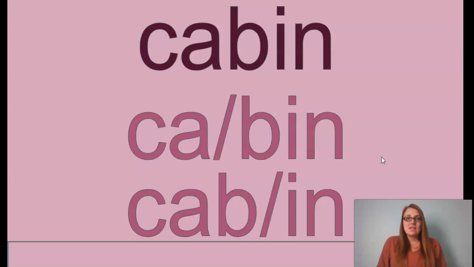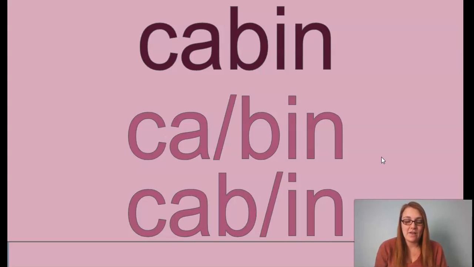Okay. In yesterday's lesson, we briefly mentioned the difference between the two sounds of the letter A. Sometimes it will say one sound, sometimes the other, and it depends on where that letter A falls in the word. This happens in multi-syllable words. When the A is the last letter of the first syllable, it will say its long sound.